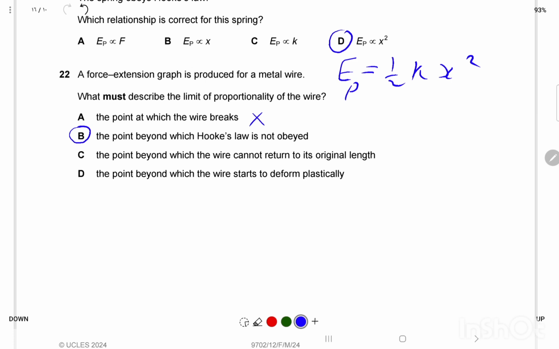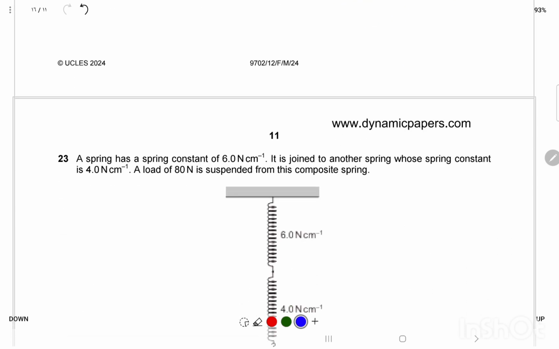What must describe the limit of proportionality? It's the point up to which the graph is a straight line. So option B is the correct answer. C, the point beyond which the wire cannot return to its original length. This is not the limit of proportionality. The point beyond which the wire starts to deform plastically, this is also wrong.